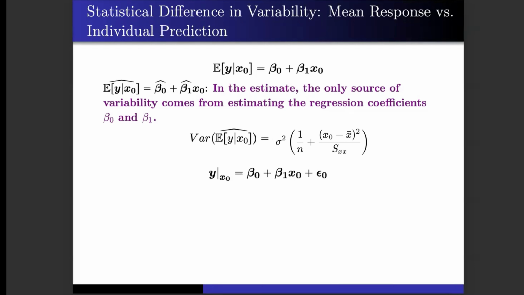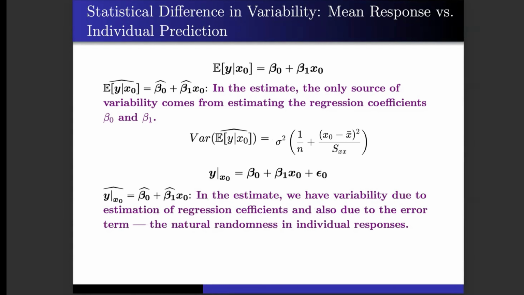And now let's look at the linear model, that is, y at some point x naught. Here it is equal to beta naught plus beta 1 x naught plus epsilon naught. And its estimate is equal to beta naught hat plus beta 1 hat x naught. But in this estimate, we have variability due to the estimation of regression coefficients because we do not have an exact value of beta naught and beta 1, and also because we have the error term in this simple linear model.